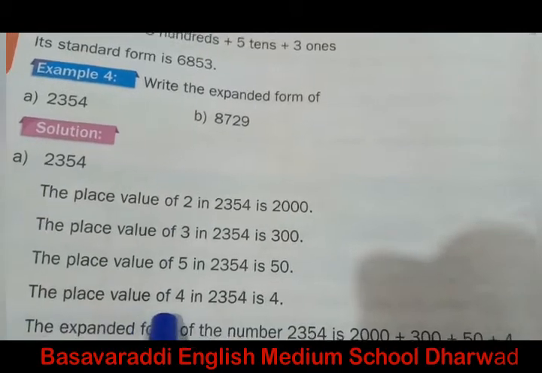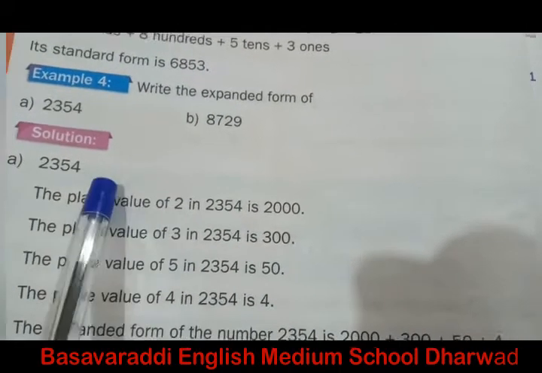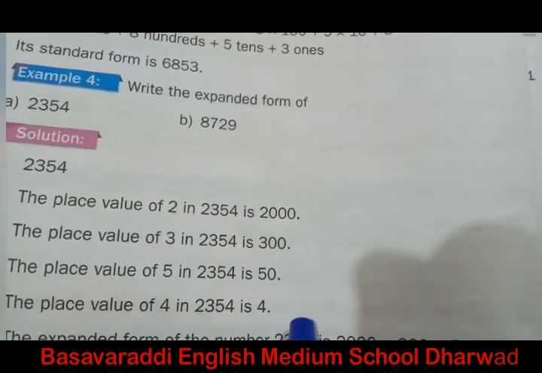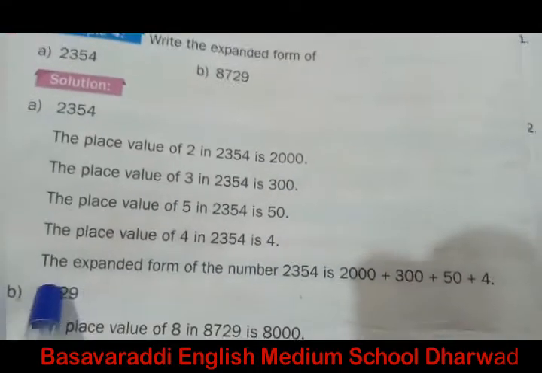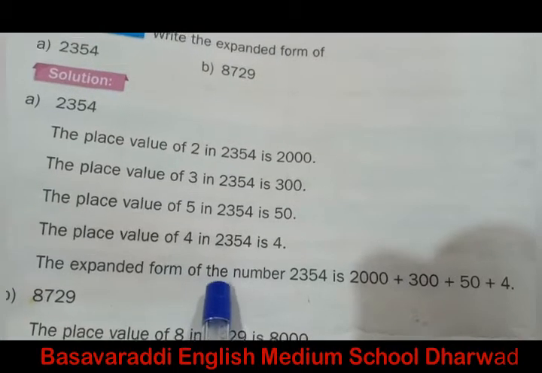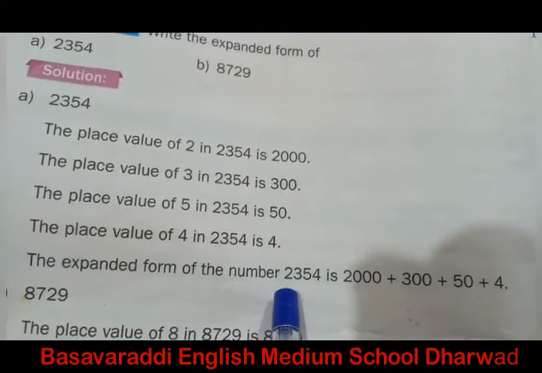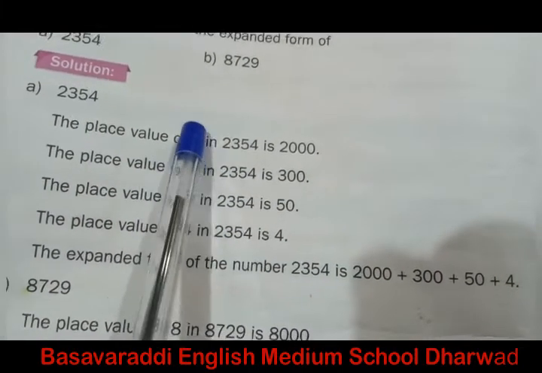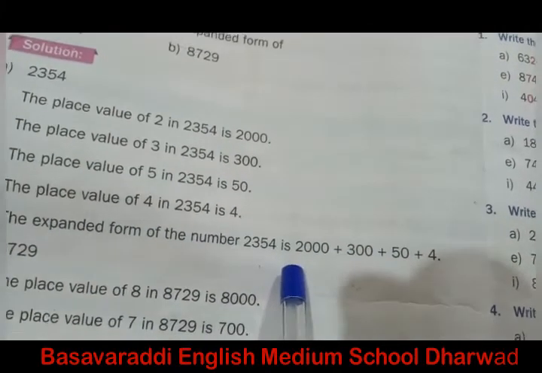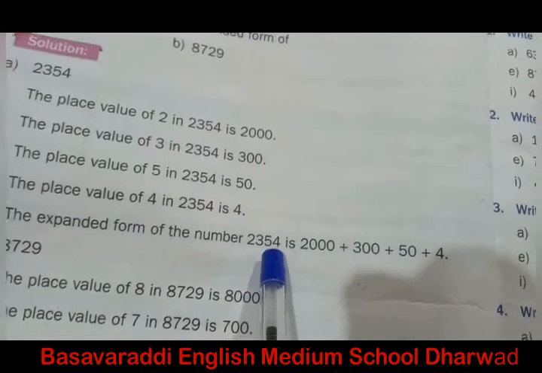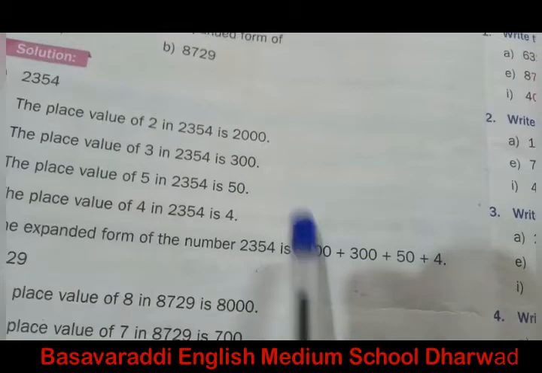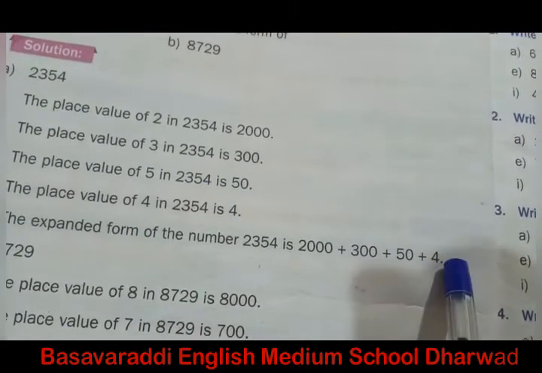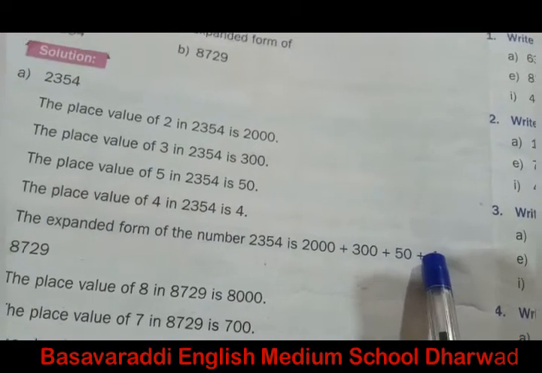The place value of 4 in 2354 is the ones place, 4 into 1, that is 4. How are we expanding? We write the place values and afterwards we add them. 2354 is 2000 plus 300 plus 50 plus 4. This is the expanded form.